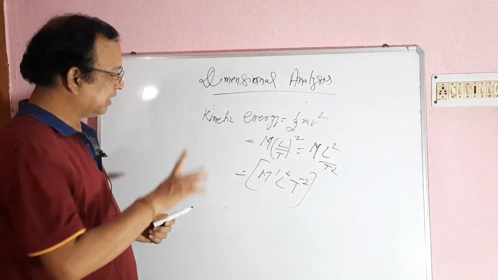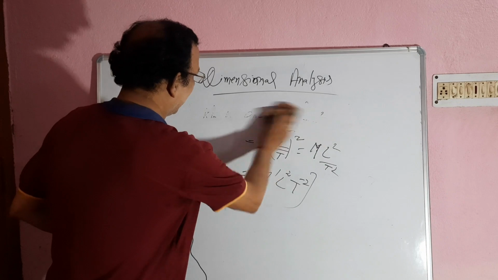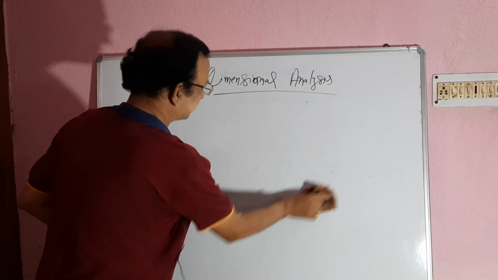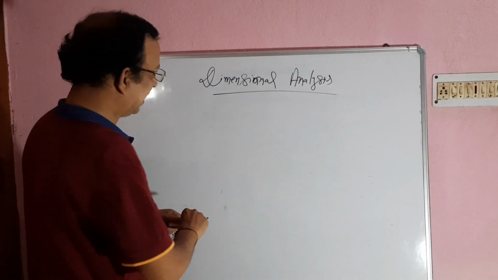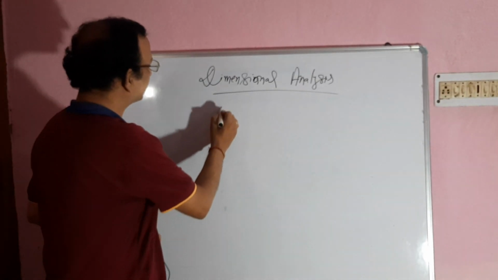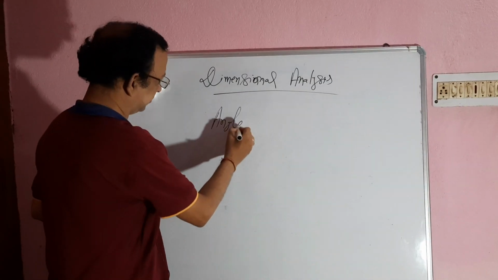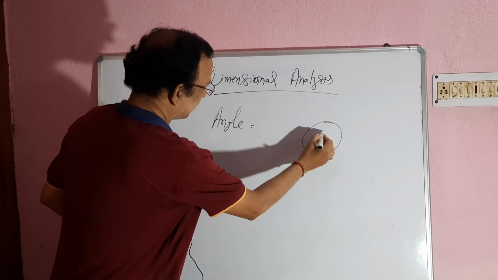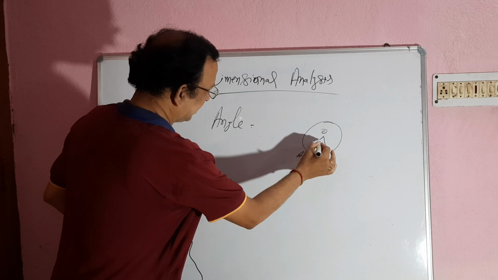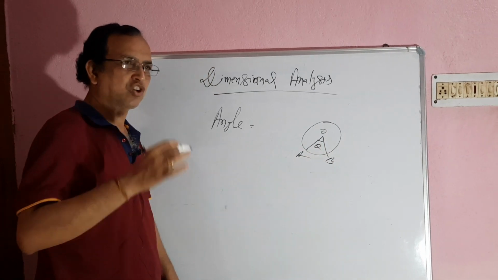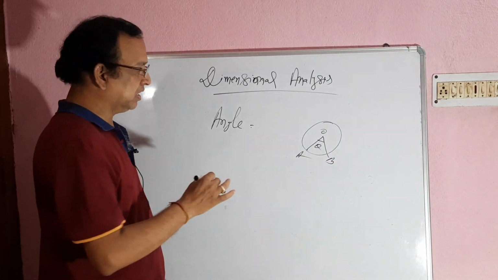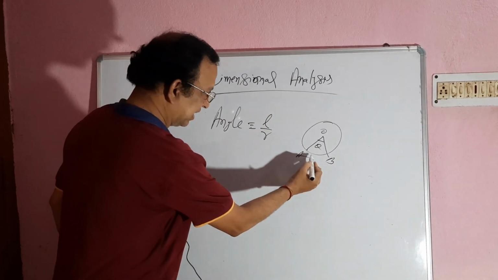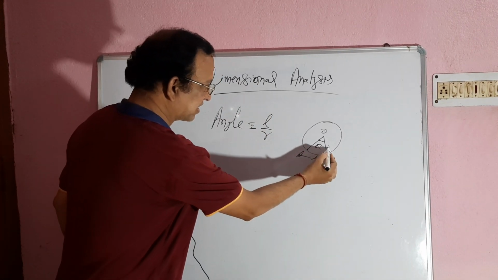Okay. Another example is angle. This is the angle theta. So theta is L by R. What is L? Arc AB is the L. R is the radius.